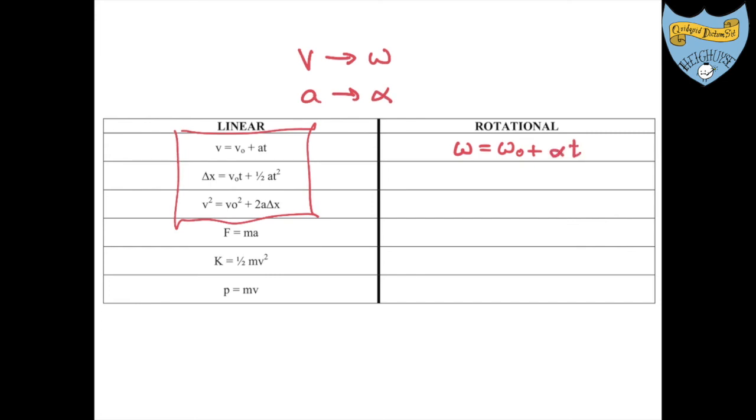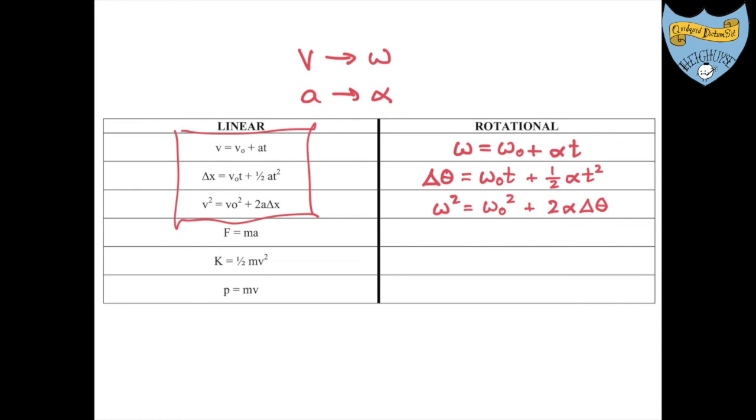There's no such thing as rotational time. Time is just time. If that made sense, go ahead and try out the other two. All right, there we have it, the equations for rotational kinematics.